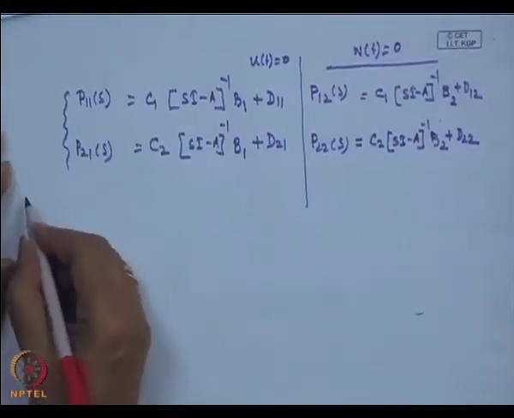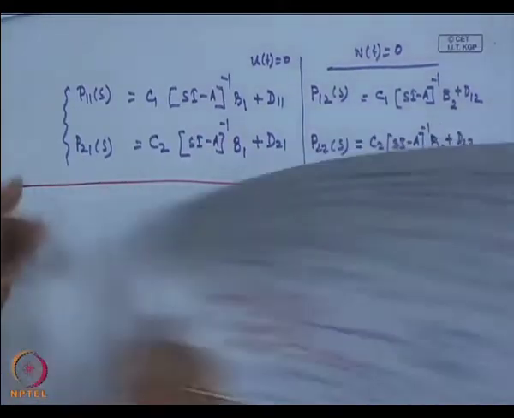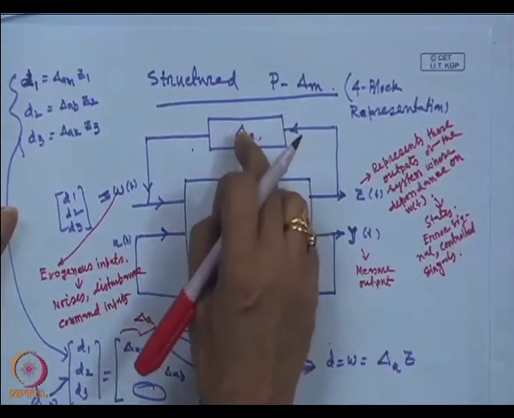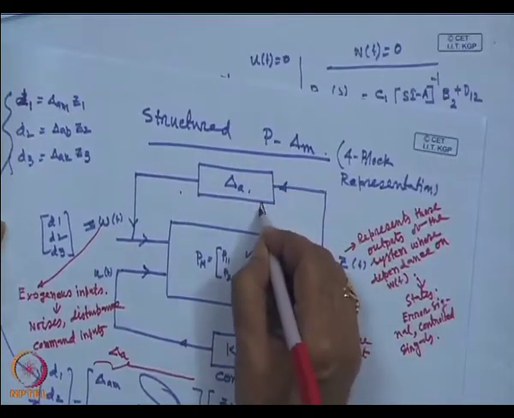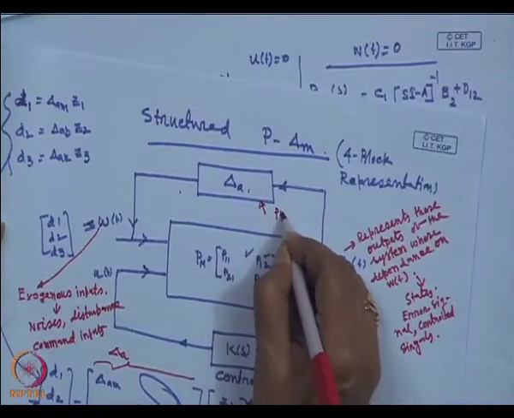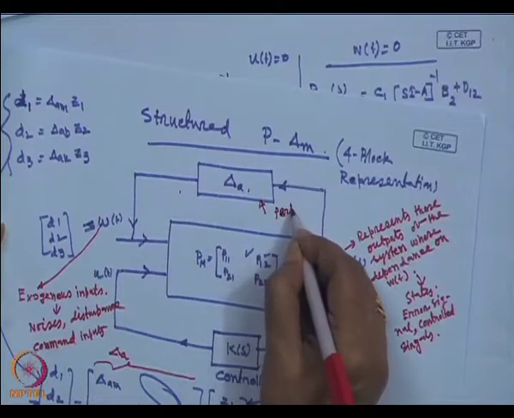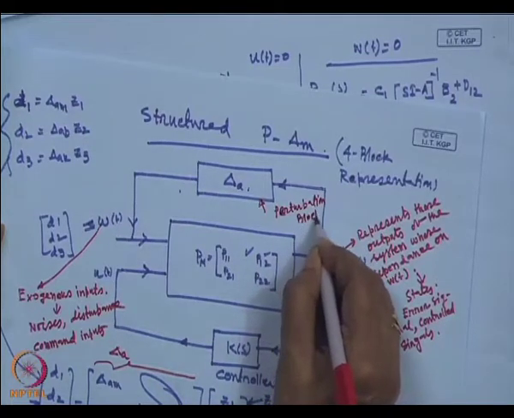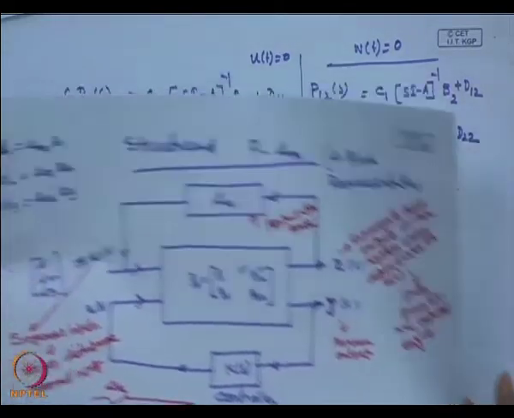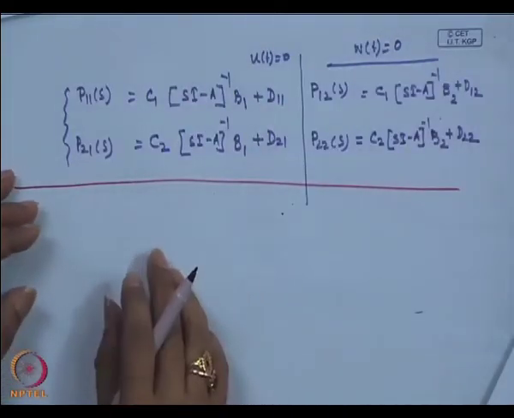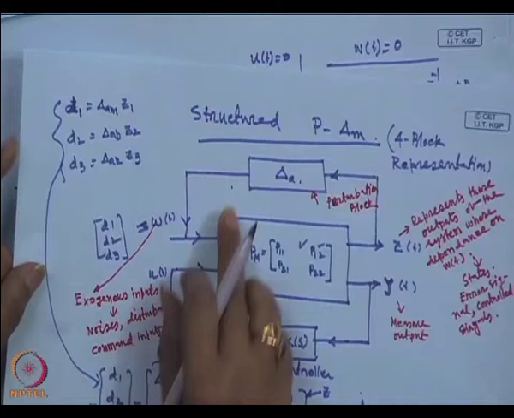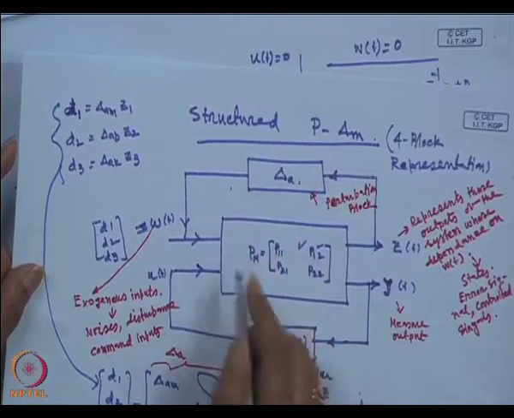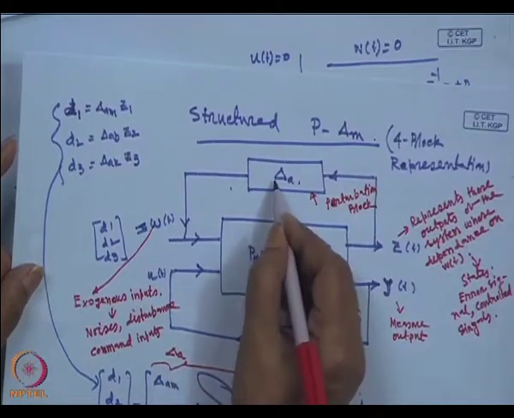Now, the next question is, if you want to merge the perturbation block, this is called the perturbation block, with the plant, this is the upper loop of PM.